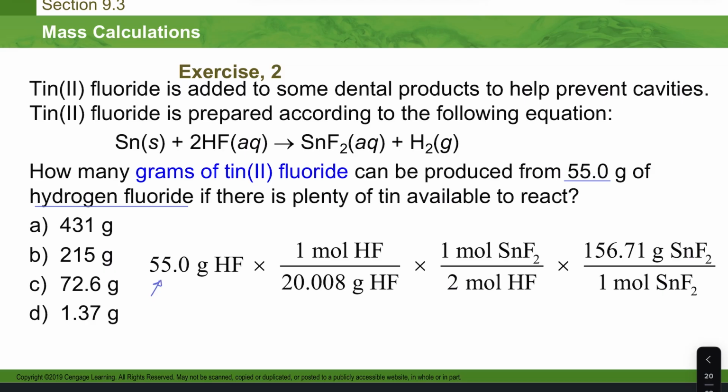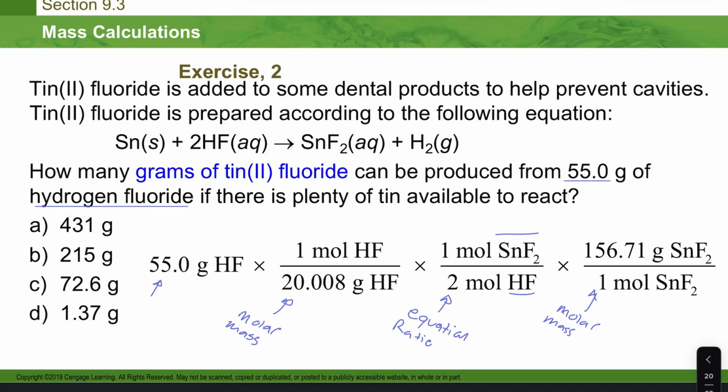So 55.0, we will divide by the molar mass of hydrofluoric acid. We'll use the equation ratio to convert hydrofluoric acid moles to tin fluoride moles, and then we'll use the molar mass again to convert back to grams.